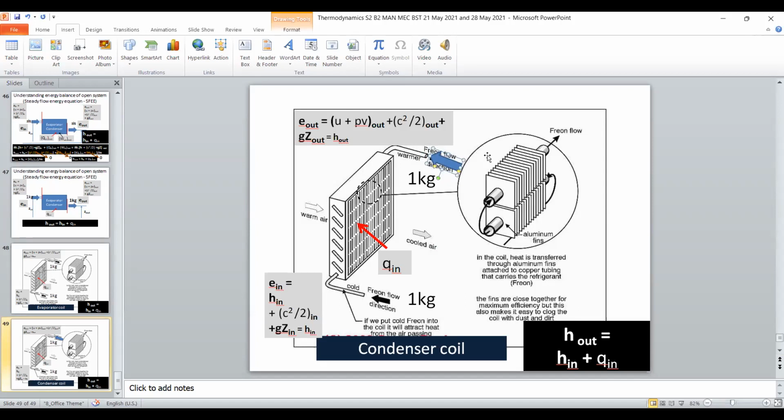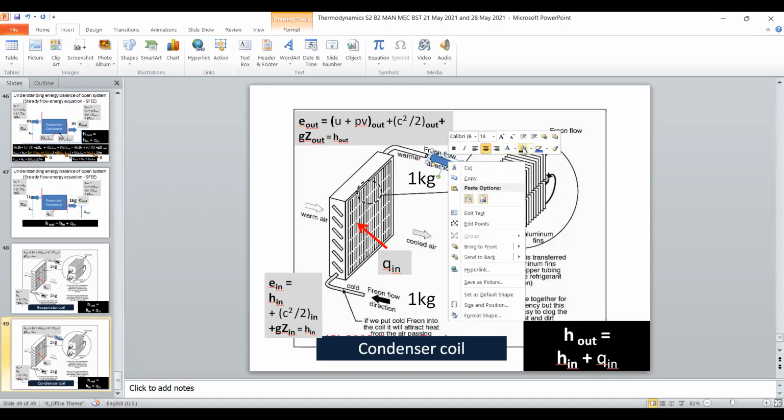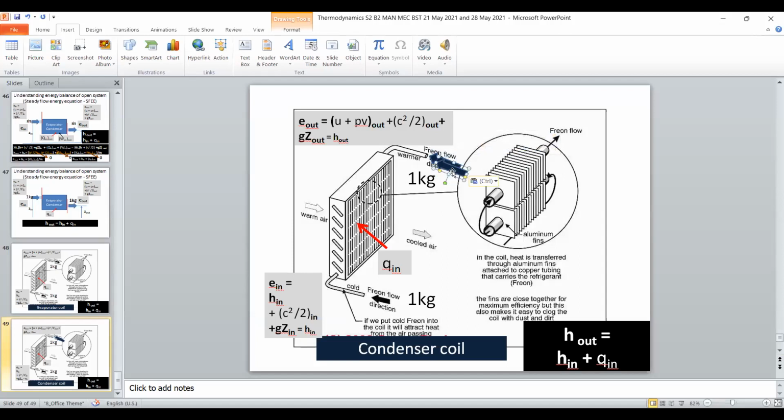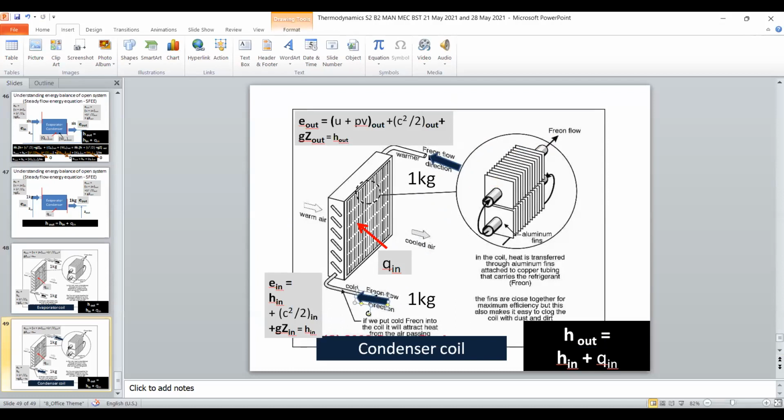That is technology, you know. In and out. Okay. So the condenser.